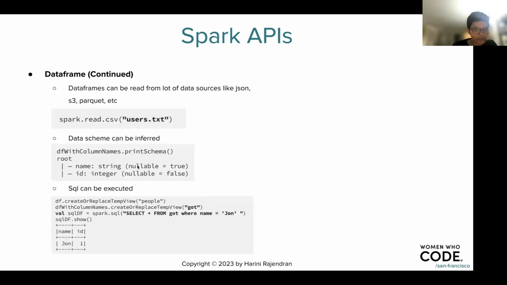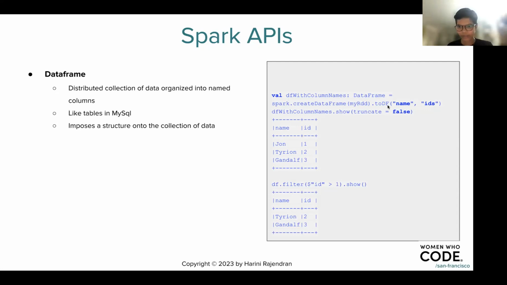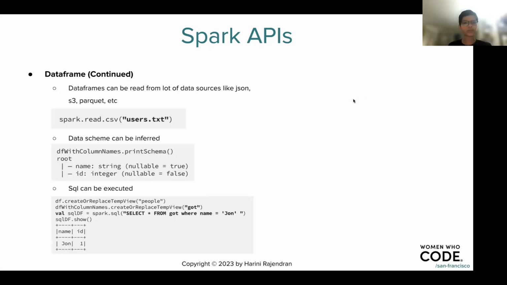Here we are creating a data frame from an RDD, but another way is you can also read it from text files, and it supports different formats. You can read it from a JSON file, or just read blobs from S3 and create data frames.